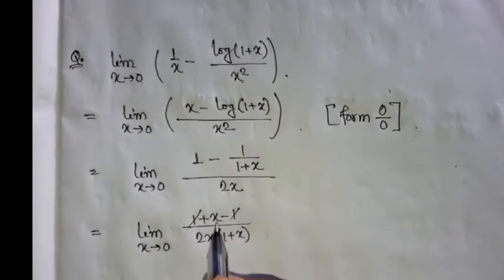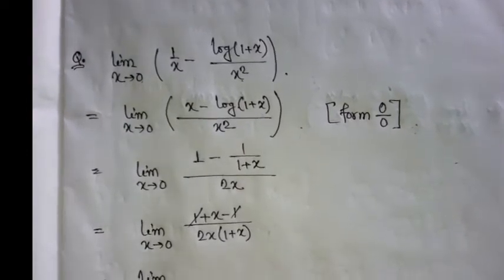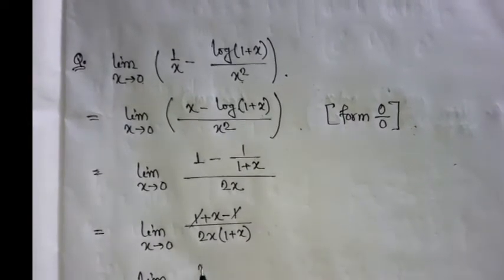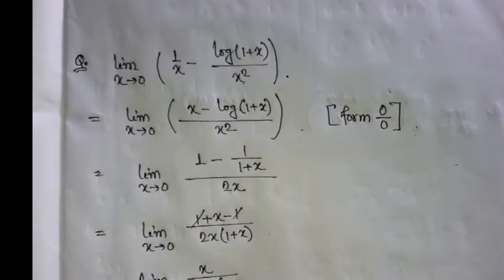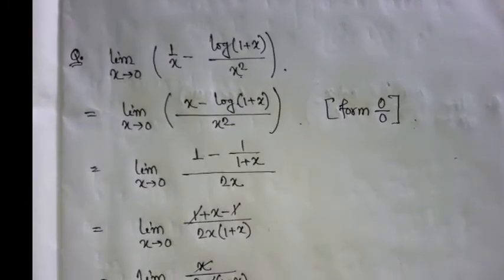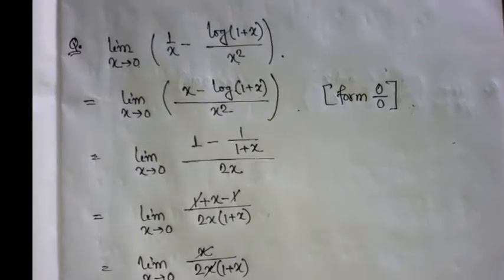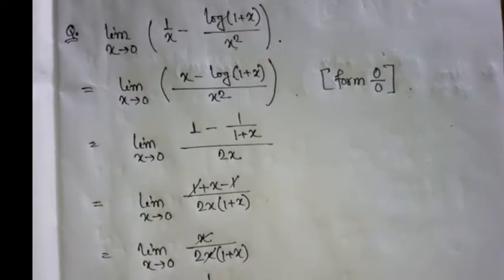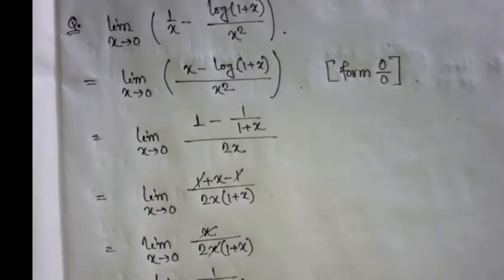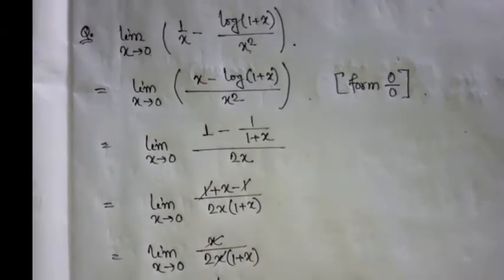Then x cancels out, and it is limit x tends to 0, x by 2x into 1 plus x. So here again x cancels out. So limit x tends to 0, 1 by 2 into 1 plus x. Now you can put x equals 0, a normal limit. So it will be 1 by 2. This is the answer. Understood?